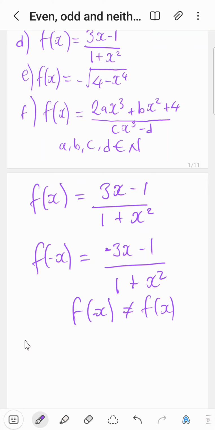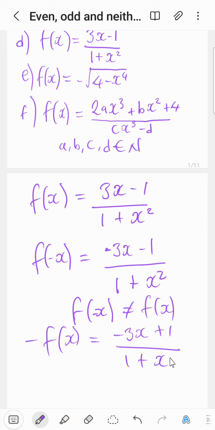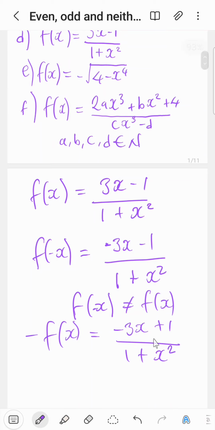Okay, we find negative f of x. So when we multiply the entire function with negative 1, what are we going to have? So you know that you only multiply with the numerator, isn't it? So we're going to have negative 3x plus 1 over 1 plus x to the power 2.